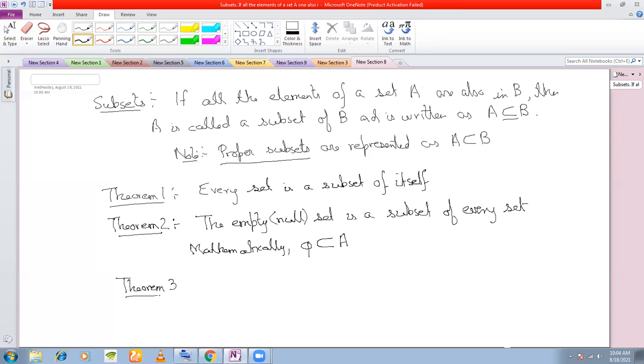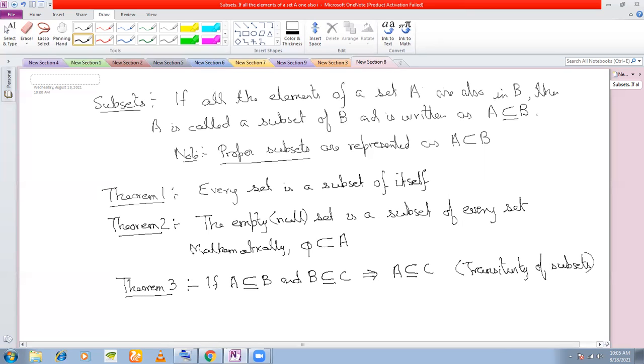Theorem number 3 is that if A is a subset of B and B is a subset of C, then A must also be a subset of C. This is called transitivity of subsets.